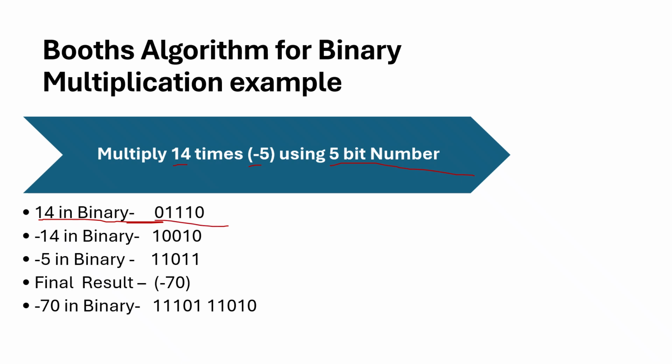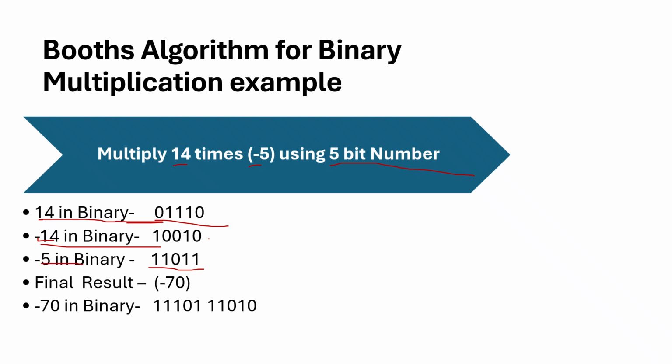Since we have to calculate minus M, minus 14 in binary is 1 0 0 1 0, the 2's complement of 14. And the multiplier is minus 5, which in binary is 1 1 0 1 1, again the 2's complement of 5.